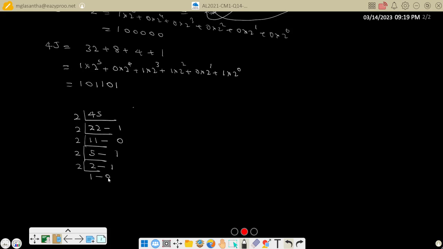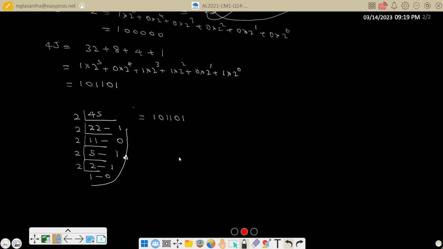Remainder is 0. Now you count this side, in this direction. You take this set of numbers, that equals 1, 0, 1, 1, 0, 1.